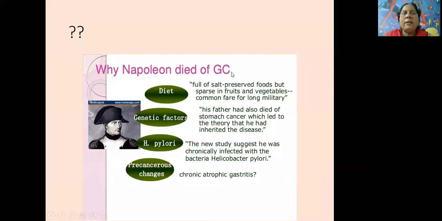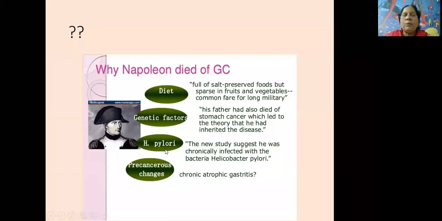Why did he die? It can be a diet full of salt-preserved foods, because he was in the military. Fruits and vegetables were scarce, so salted, preserved food, and genetic factors. So diet is one of the factors. Genetic factor: his father also had it, and one of his siblings had it.